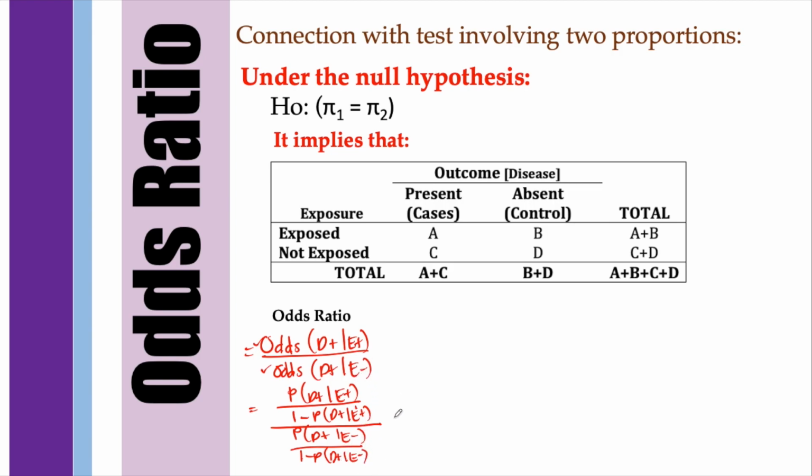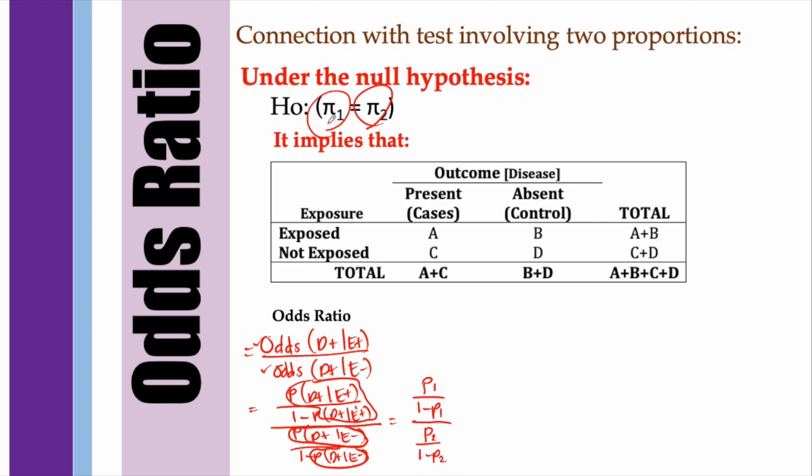Now, suppose that the probability of having a disease when exposed represents this proportion. Let's call this P1, so P1 over 1 minus P1. And then, the other probability, the probability of having a disease when not exposed, let's call it P2.